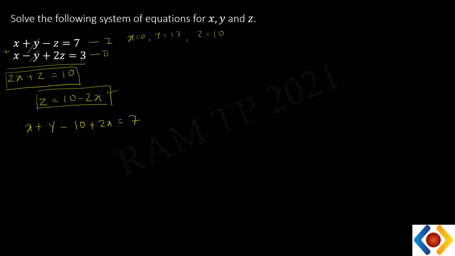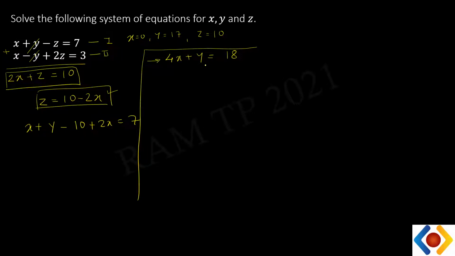Sir, first we can substitute y's value. Then finally, when we find x's value, we can do the same for y and z. Okay, 1 minute. If I give you this equation, let's say 4x plus y is equal to 18, and if I ask you to find x and y, can you do that? Sir, is it a new problem?